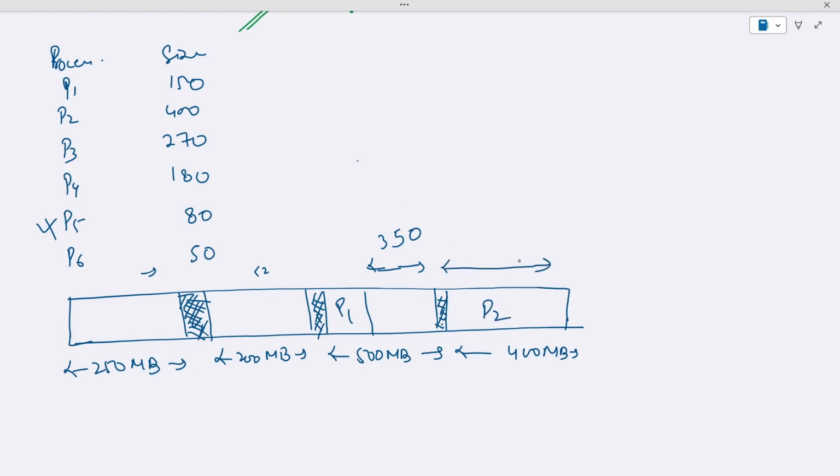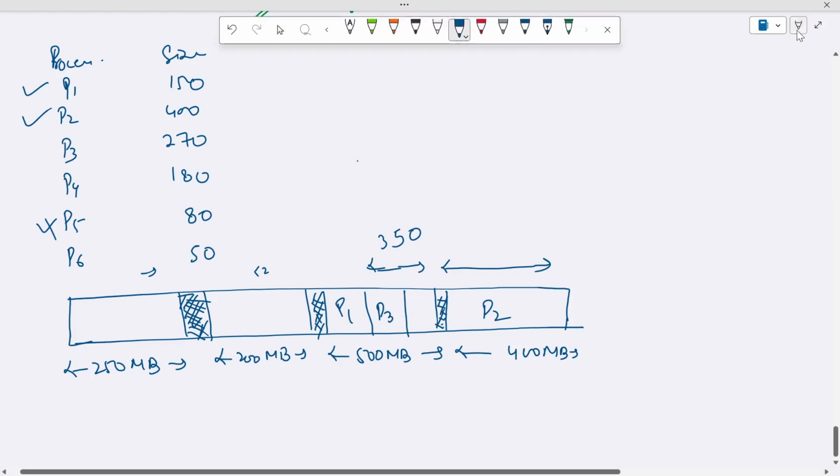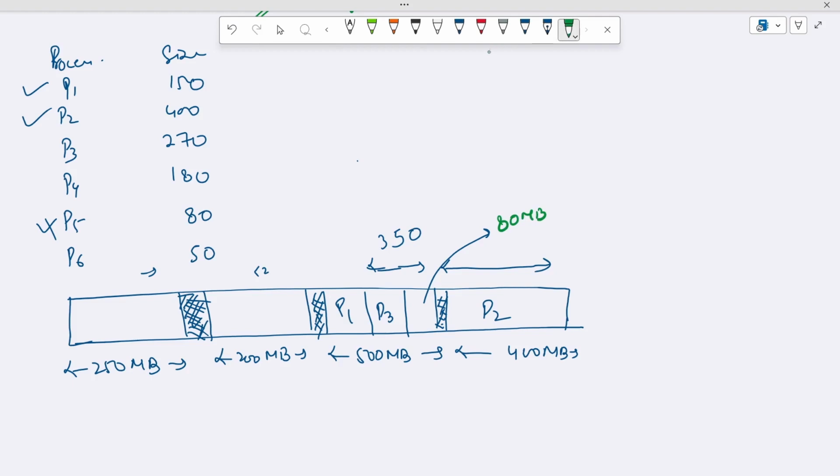So the fourth block is fully filled, no space left. Now P1 is completed, P2 is completed. P3 needs 270, so the highest space block is the third block, 350. So we have to put P3 over here, and P3 is of size 270, so the space left here is 80 MB.